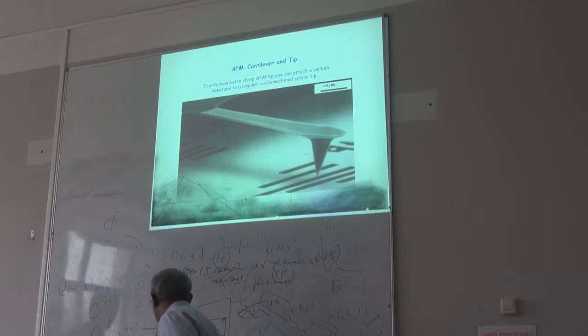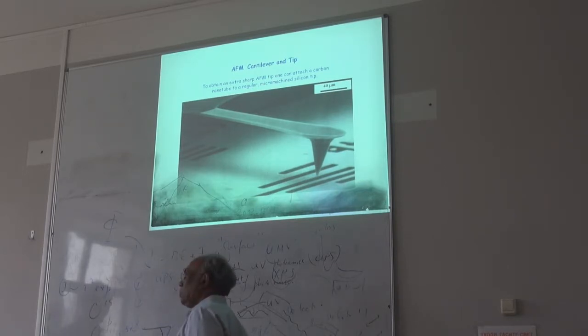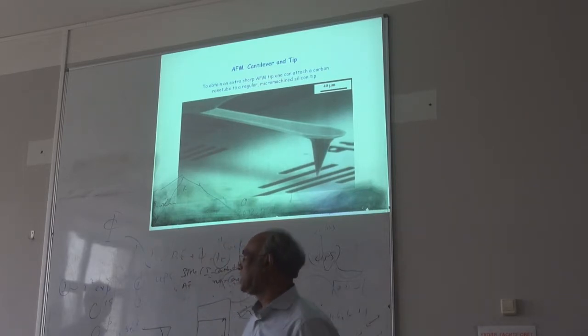They grow very sharp silver nanowires. They are very sharp, so they use this one to probe. They have a company to sell these. You can even use carbon nanotubes. If you can grow carbon nanotubes here, then you can see much finer features.